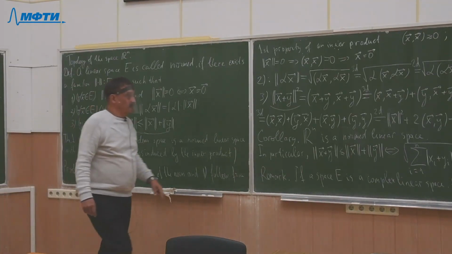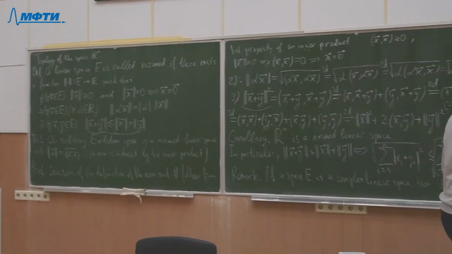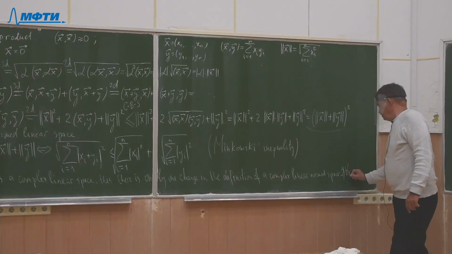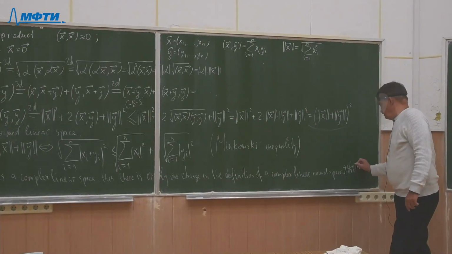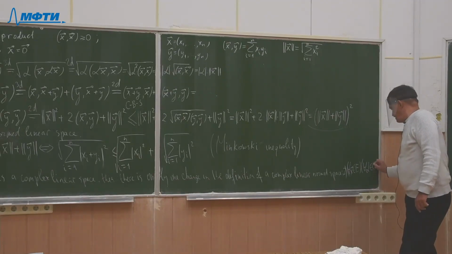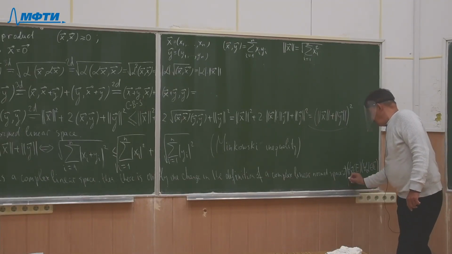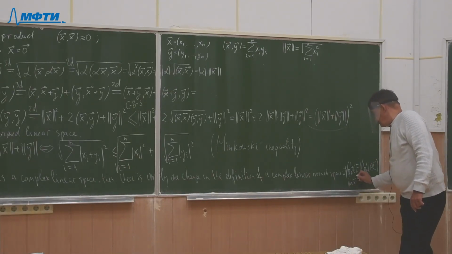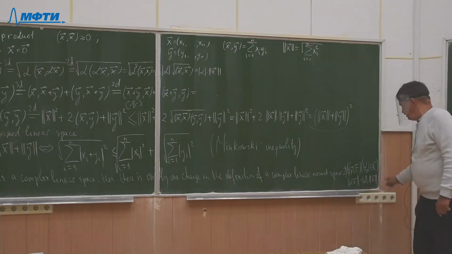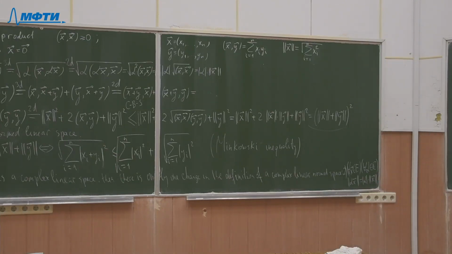So for arbitrary alpha now in C, the second property will be like that: we have norm of alpha x equals modulo alpha times norm of x. Everything else is absolutely the same.